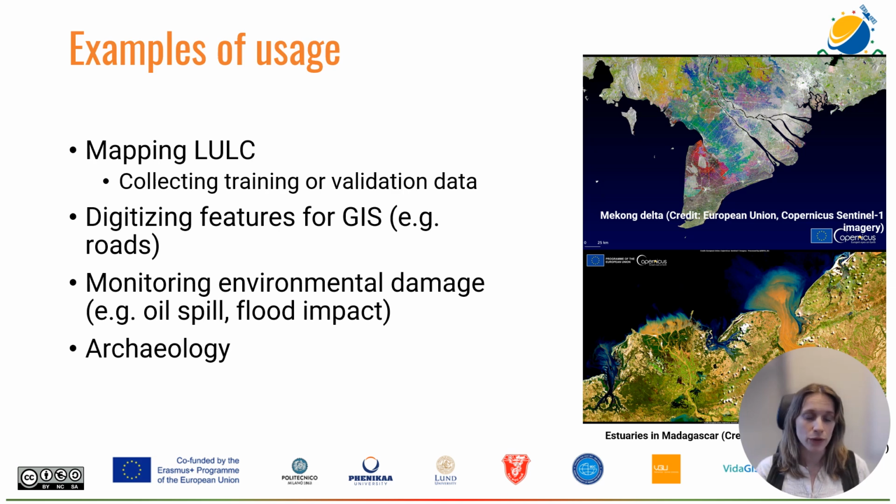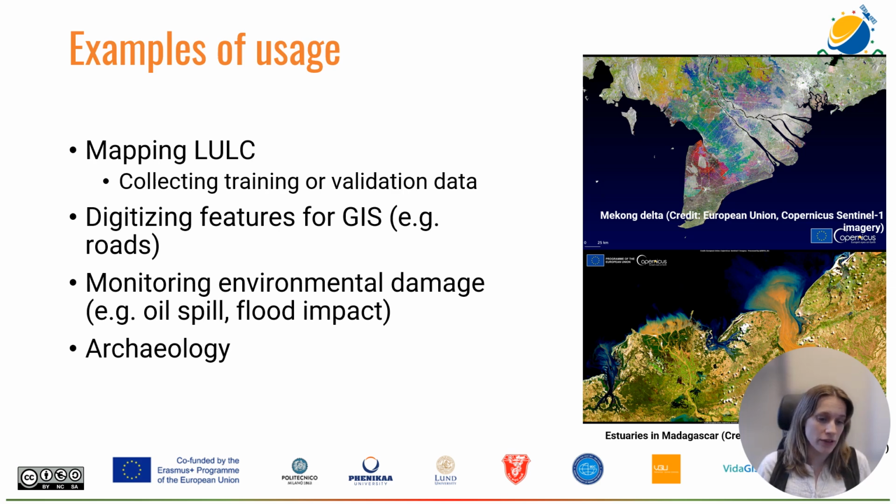It's also very useful when you're digitizing features for GIS, for example, digitizing roads or houses or lakes. We can also use it to monitor environmental damages, for example, oil spills or flood impacts.